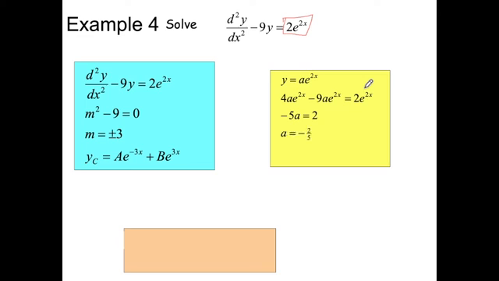So we get a as negative 2 over 5. So our particular integral will be negative 2 over 5 e raised to the power 2x. And our general solution will be the sum of the complementary function plus the particular integral, which is that.